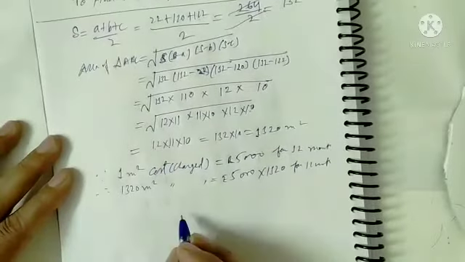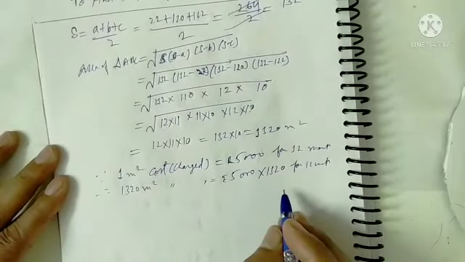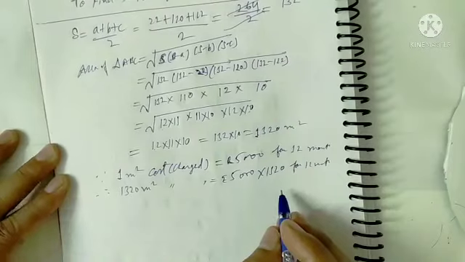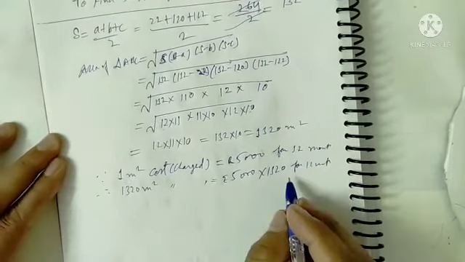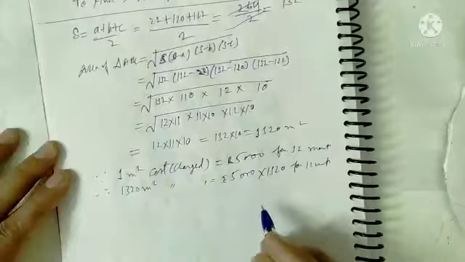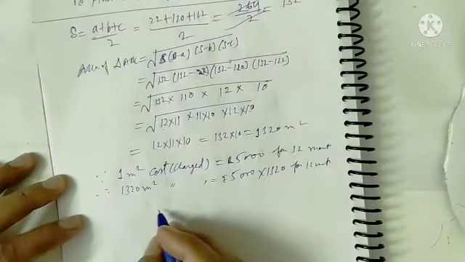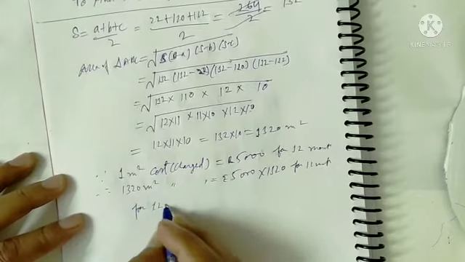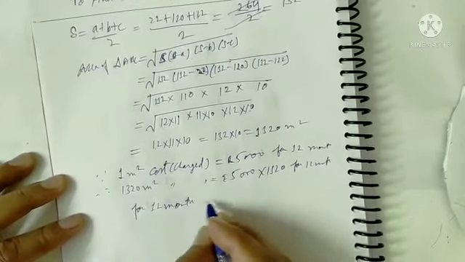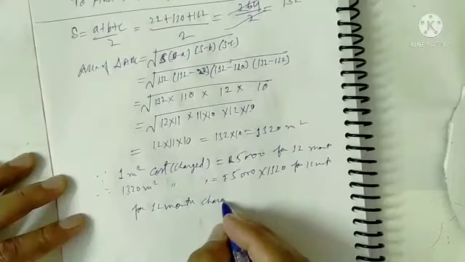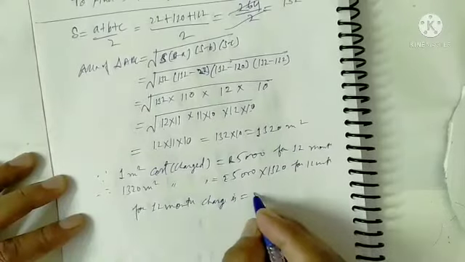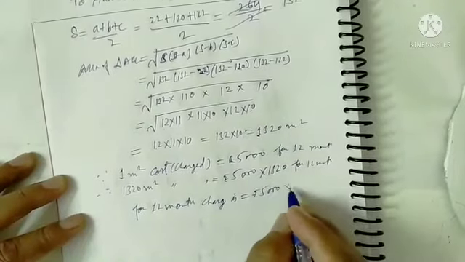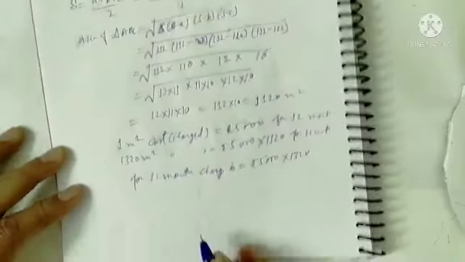So how can you take out the charge for 3 months? For 12 months the charge is rupees 5,000 into 1320.